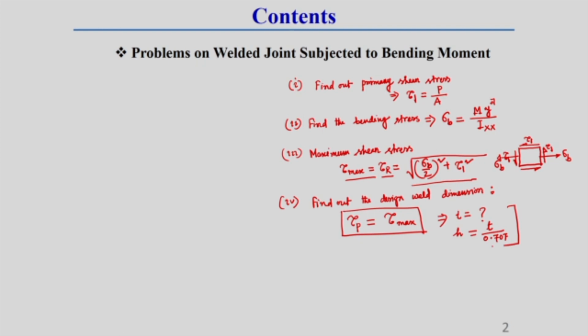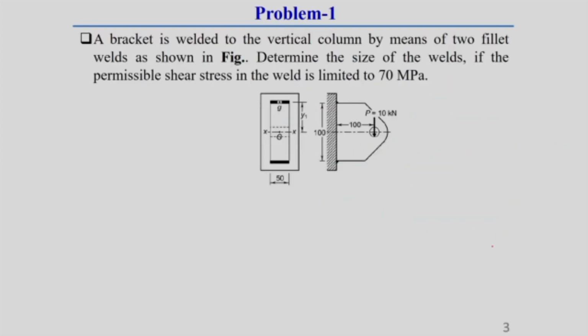So first of all, using these steps, we will solve one problem. The problem statement is: a bracket is welded to the vertical column. You see this is a vertical column, and a bracket is welded by means of two fillet welds as shown in this figure. This is one fillet weld, this is another fillet weld.